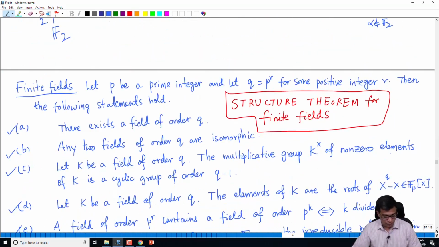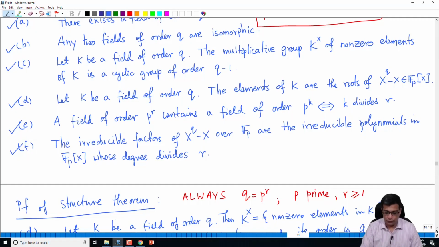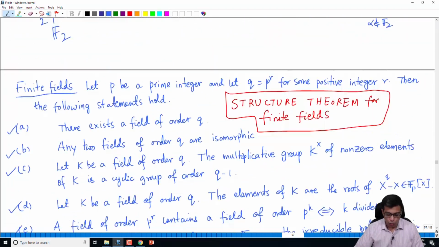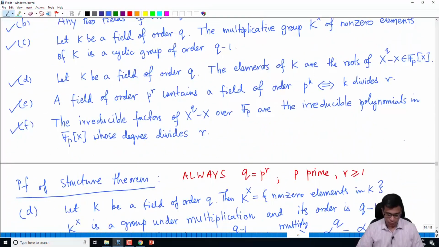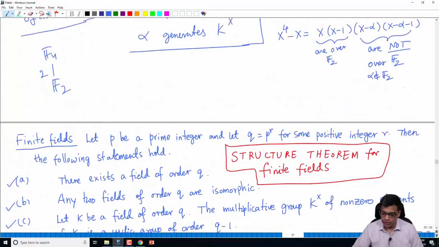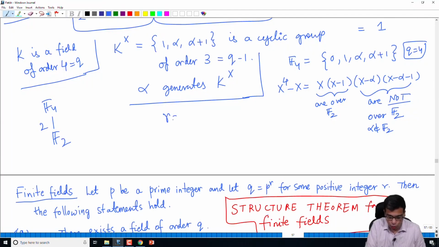So the irreducible factors of x power 4 minus x over F2 are the irreducible polynomials in F2 whose degree divides r. So in this case r is 2, right? Because 4 is 2 squared. Remember, p is 2 here, r is the exponent which is also 2. So we are looking for irreducible factors whose degree divides 2.